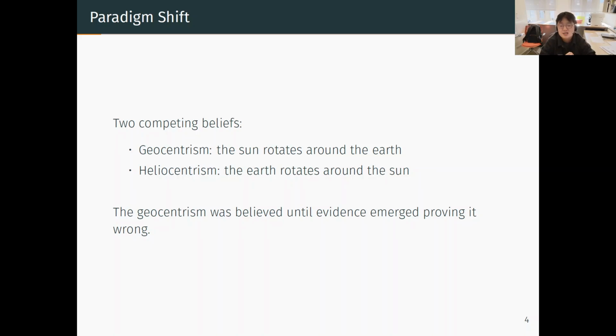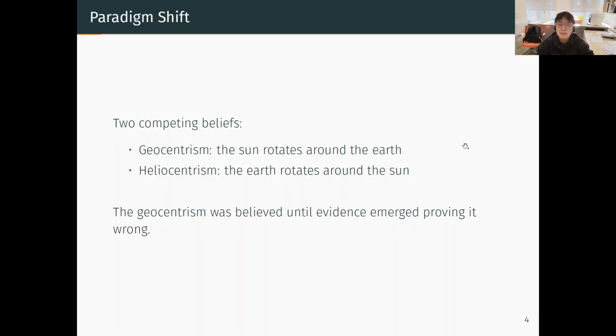We don't teach geocentrism anymore outside history, right? So this is similar. People believed geocentrism without any doubt, until it's proven wrong, right? It's only when geocentrism was proven wrong, and when there is enough evidence to prove it wrong, that we turn to heliocentrism.